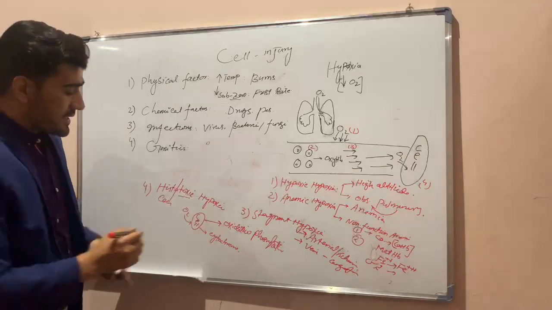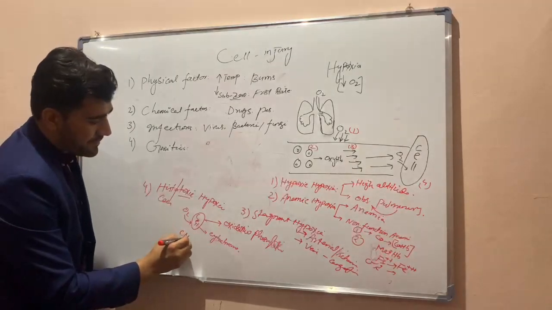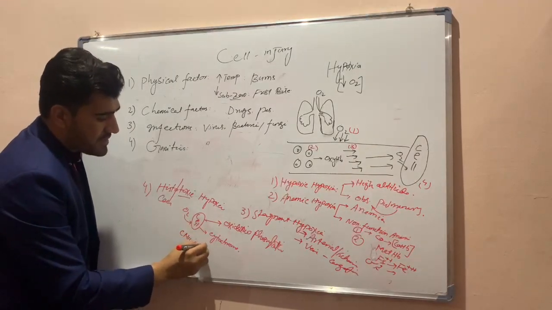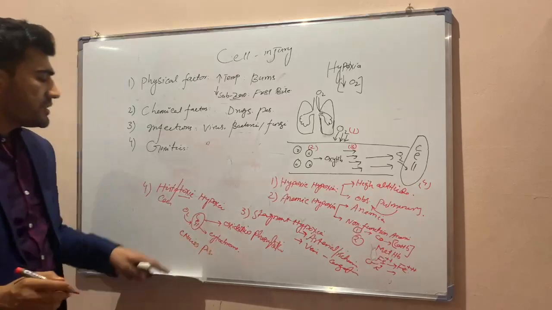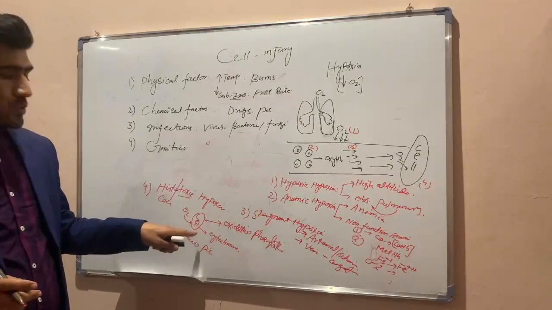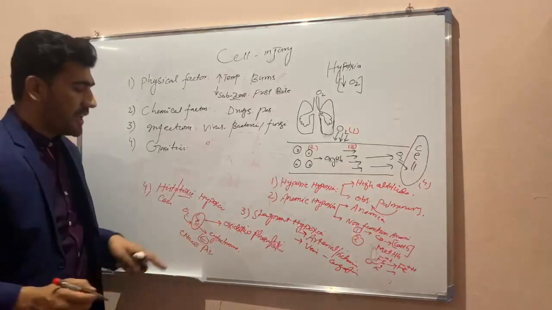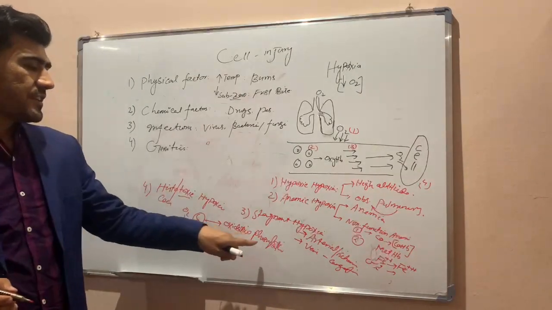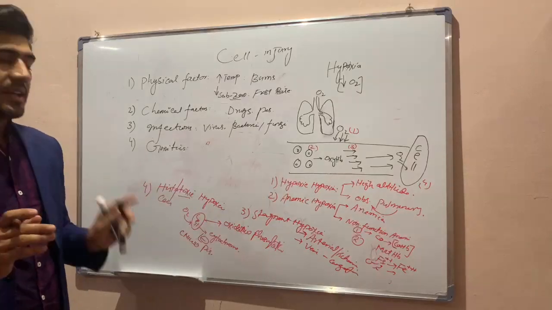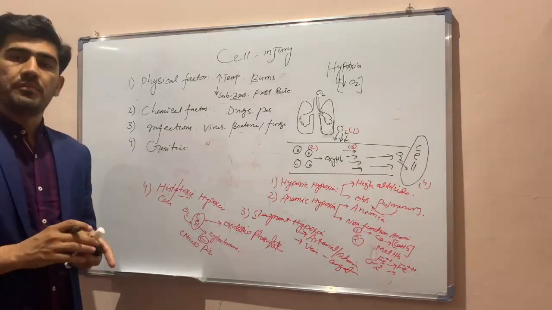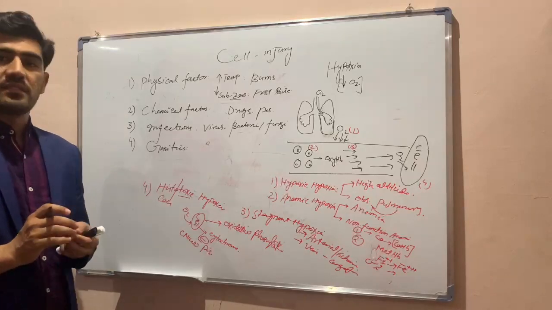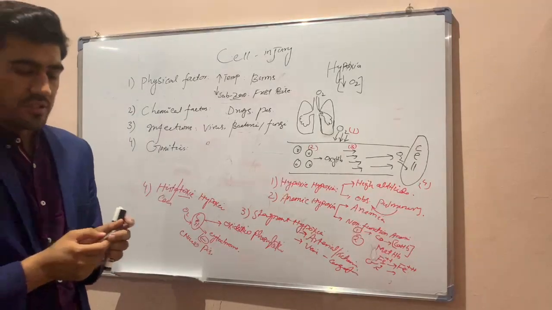If cyanide poisoning occurs in the cell, it inhibits the cytochrome. So oxidative phosphorylation is not taking place, and the cell becomes unable to utilize a sufficient amount of the oxygen.